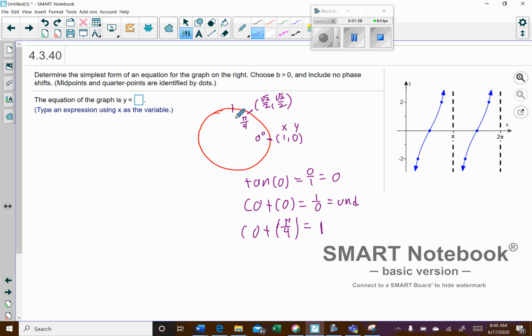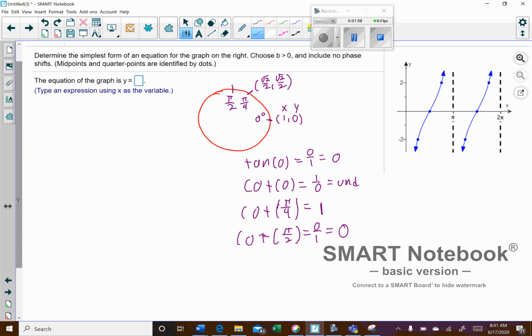And then if you go up here to pi over 2, that's where the x and y swap. And so at pi over 2, you're going to get the flip-flop of this. You're going to get 0 over 1, which is 0 right there. Okay.